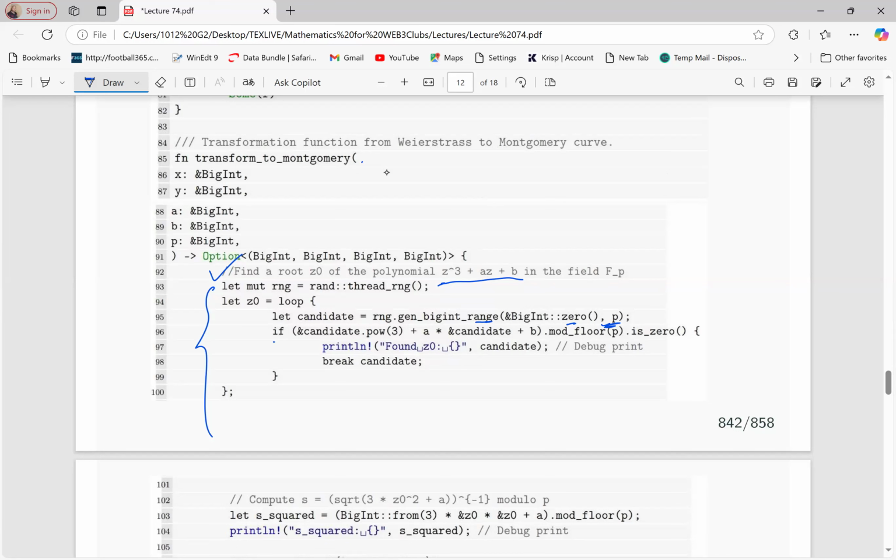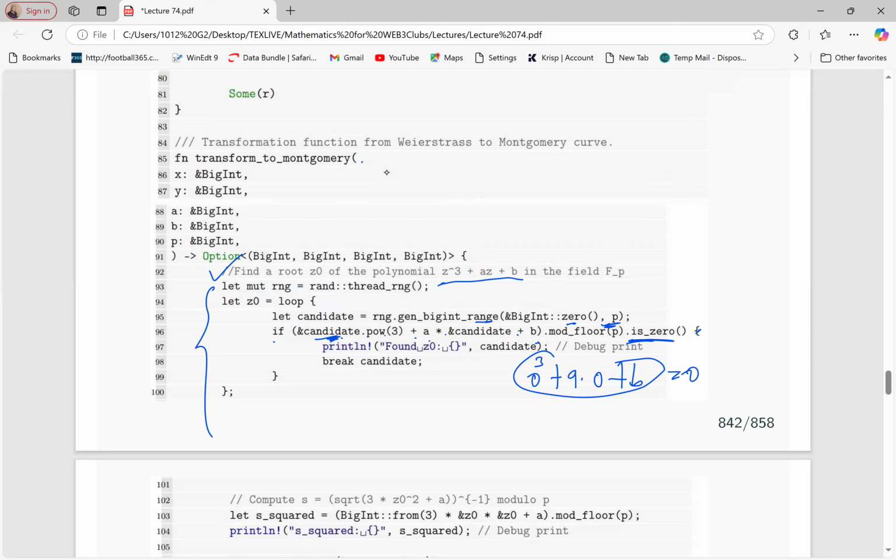And if that candidate, let me say candidate is 0, if that candidate cubed plus A multiplied by that candidate, then plus B, if the value here is 0, then it means you come out of the loop because you've just obtained the right candidate.